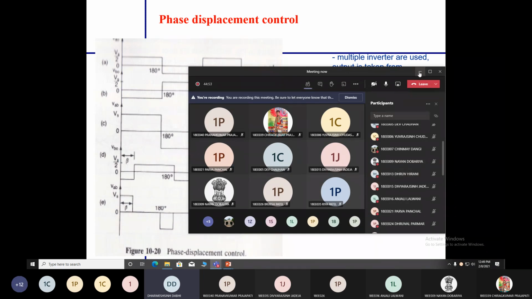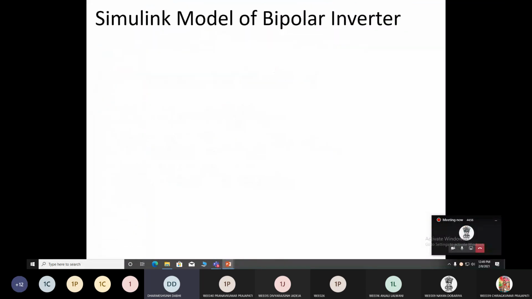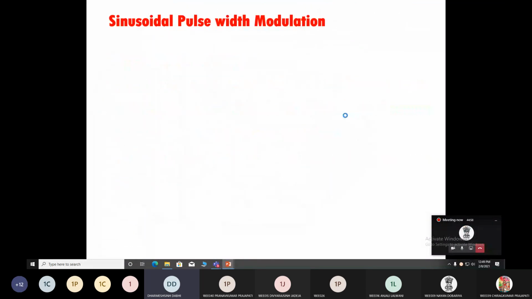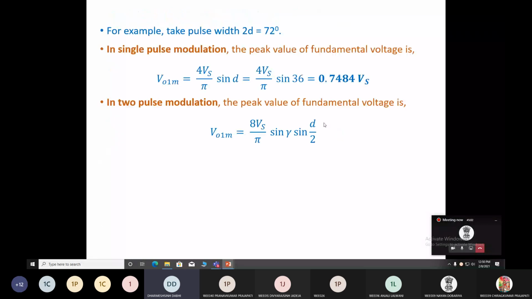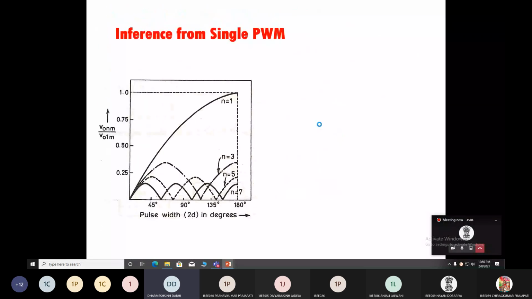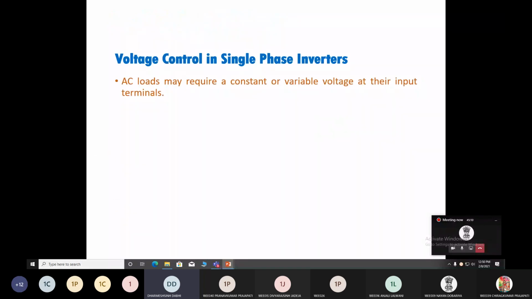Okay. Again, I repeat all these things, starting from the conventional methods to control the output voltage. The aim of PWM techniques is to control the magnitude of the output voltage.